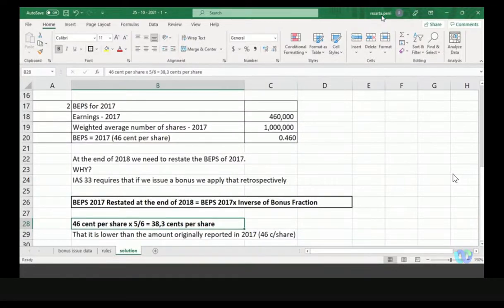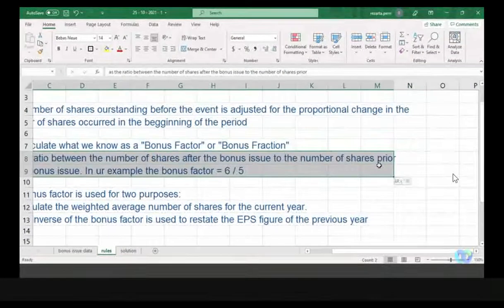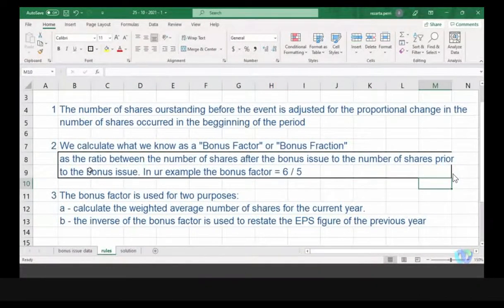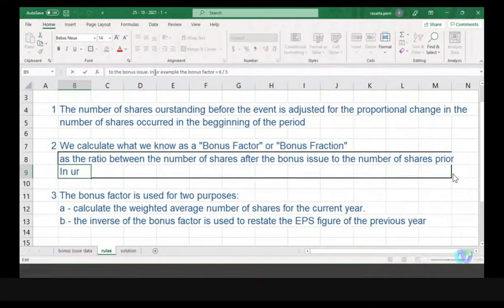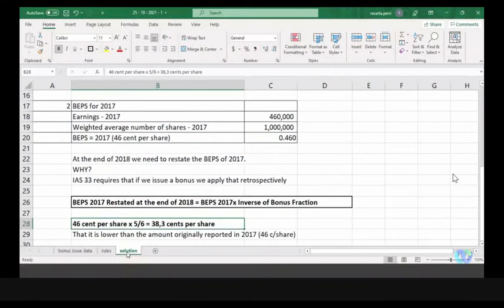Remember, something very useful to do is to calculate the bonus fraction. The bonus fraction is really very easy compared to the rights fraction that we'll explain later. The bonus fraction is simply the ratio between the number of shares prior with the number of shares after. And then we use that for two purposes.